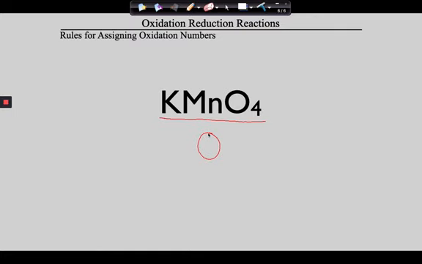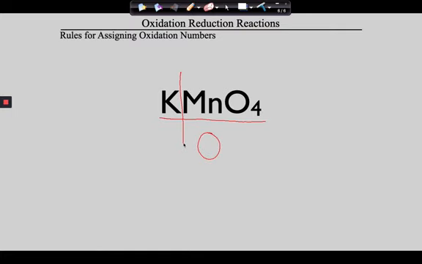But now we're going to start mentally teasing this apart. This is a strong electrolyte. If we were to put this in water, where would it break? Between the K and the MnO4, or the KMn and then the O4? Yeah. So it breaks here.